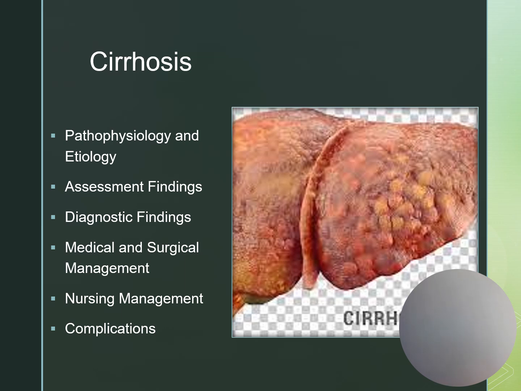Weight loss and abdominal discomfort may be present. Shortness of breath, nosebleeds, signs of incomplete estrogen metabolism in men, and the enlarged liver and or spleen, along with jaundice, are all symptoms that may be seen with cirrhosis.